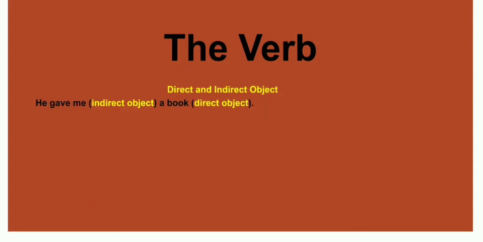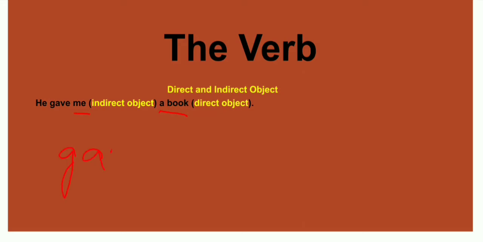Thirdly, we have two types of objects. One is called the direct object and the second is called the indirect object. We have the example, he gave me a book. If we divide the sentence, we have two objects: one is me and the second one is a book. So if we ask, gave what?